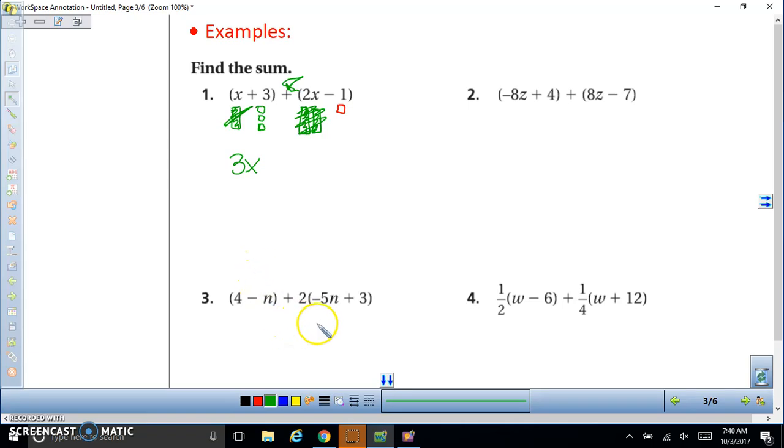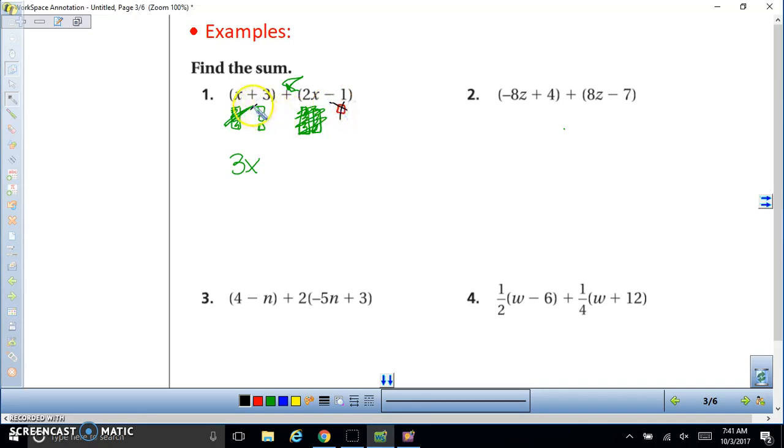All right, and now I'm going to combine these, which are called constants. The little squares are called constants. And I have 3 green and 1 red. So I'm going to go through and cancel out my 0 pairs, because a positive and a negative make a 0.